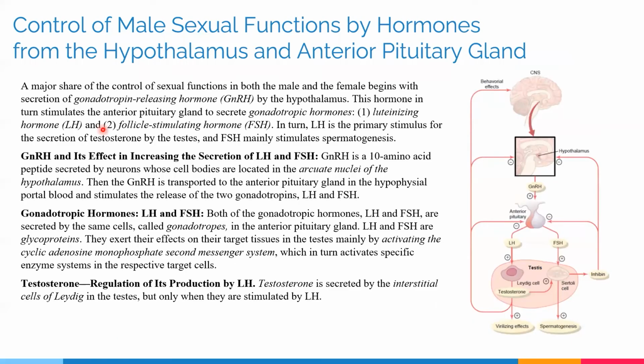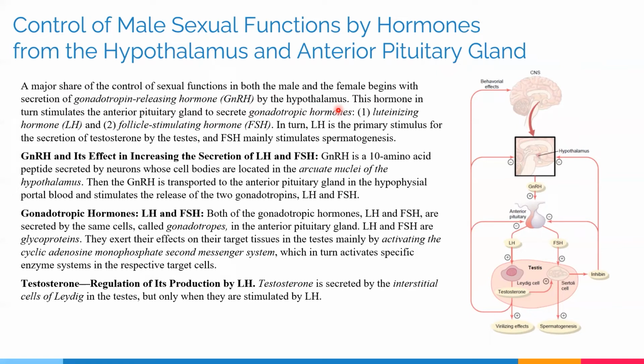Next, let us look into control of male sexual functions by hormones from the hypothalamus and the anterior pituitary gland. A major share of the control of the sexual functions in both male and female begins with the secretion of gonadotropin releasing hormone, or GnRH, by the hypothalamus.